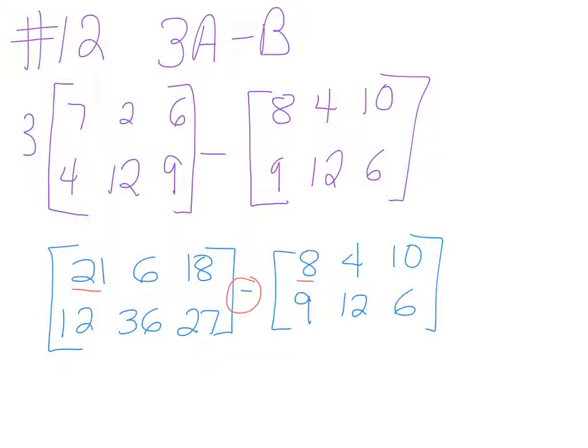So 21 minus 8 is 13. 6 minus 4 is 2. 18 minus 10 is 8. 12 minus 9 is 3. 36 minus 12 is 24, and 27 minus 6 is 21. And that is the solution.